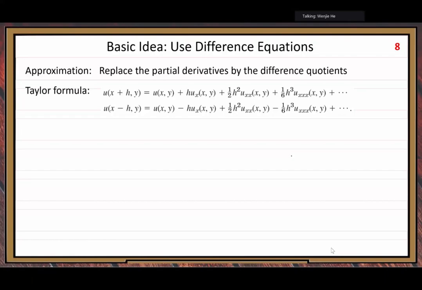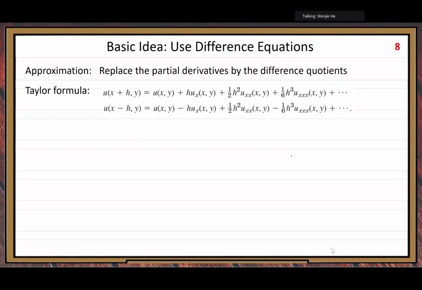The second one, x minus h. So we write their Taylor expansions out. With two variables, x and y, when we do the Taylor expansion on the x variable, we treat y as a constant, so we only treat it as one variable.